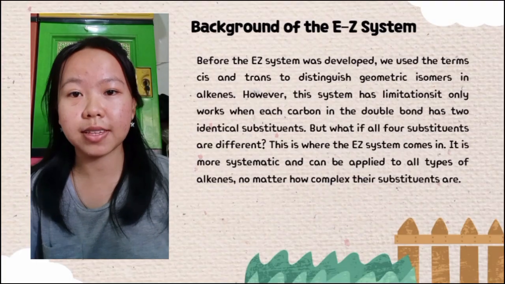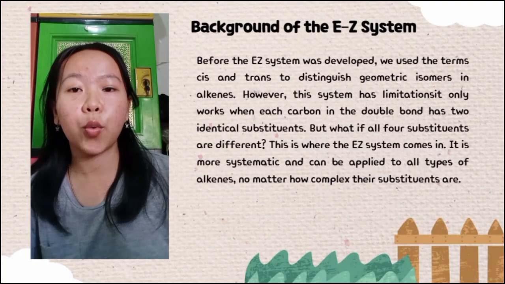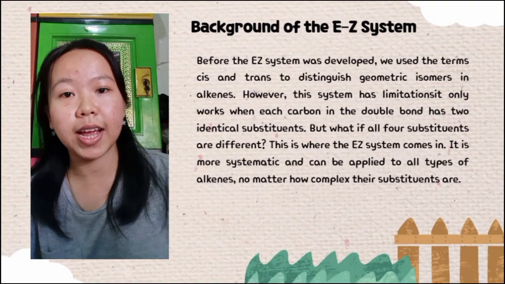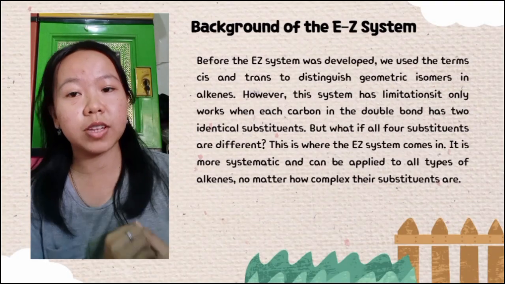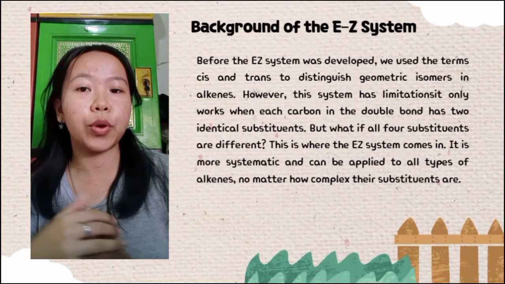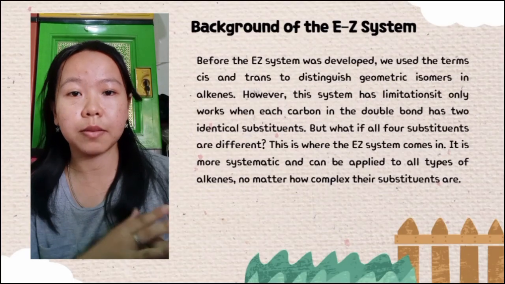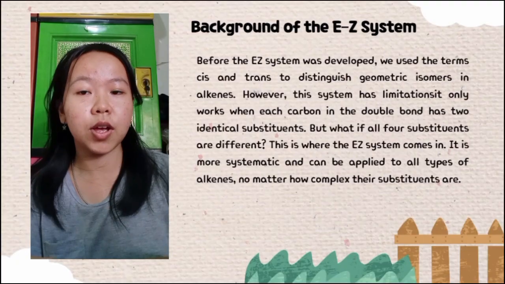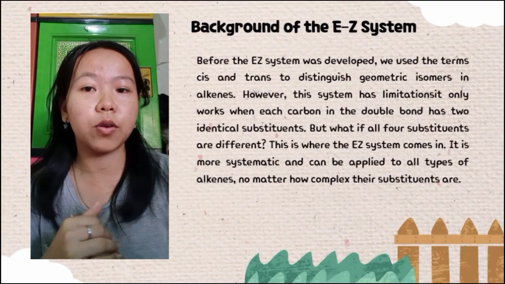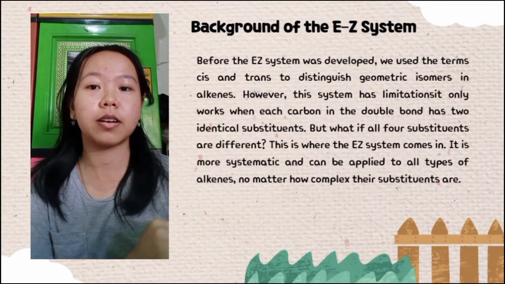However, this system has limitations. It only works when each carbon in the double bond has two identical substituents. But what if all four substituents are different? This is where the E-Z system comes in. It is more systematic and can be applied to all types of alkenes, no matter how complex their substituents are.